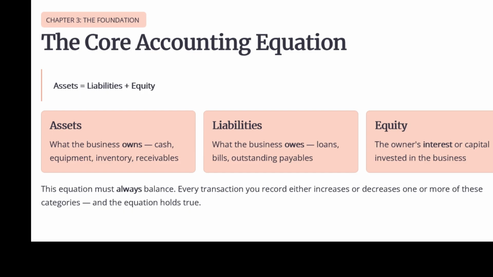And equity represents the owner's stake. Every transaction you record must preserve this balance. If the equation doesn't balance, you know immediately that something has gone wrong.